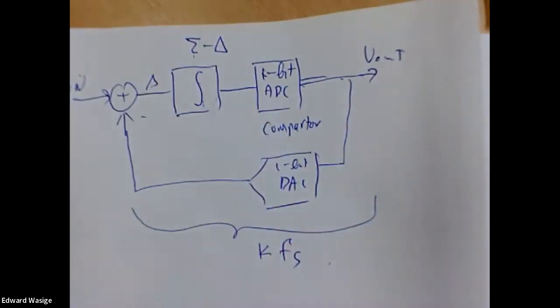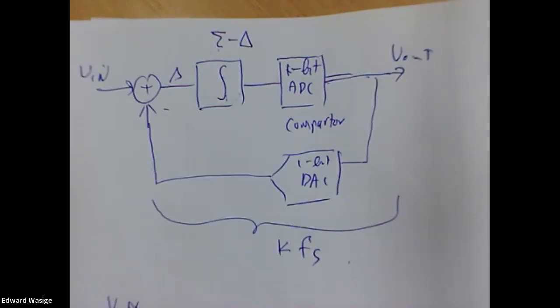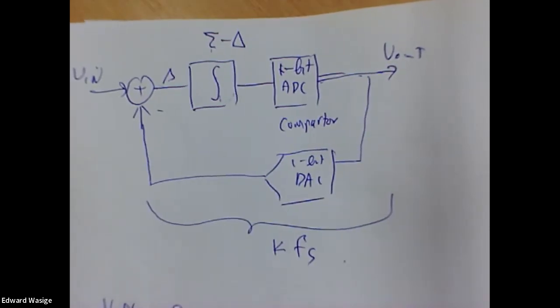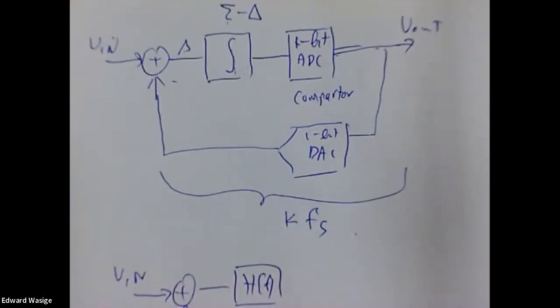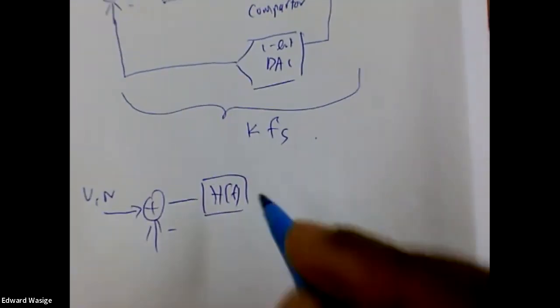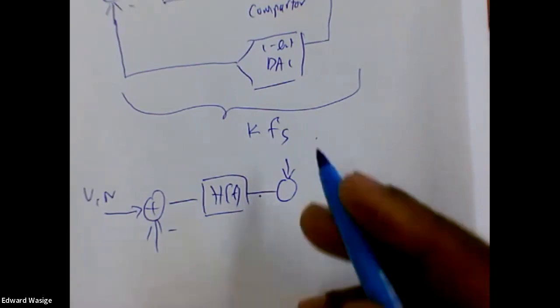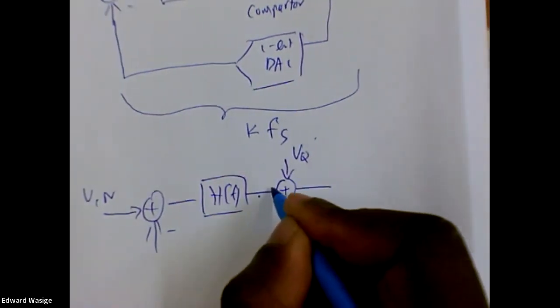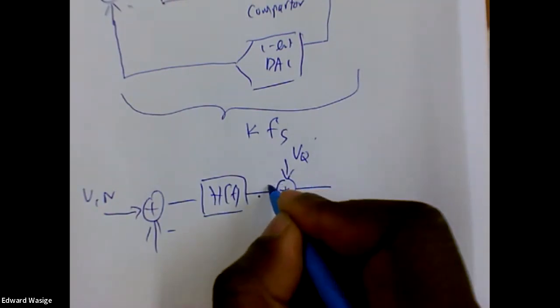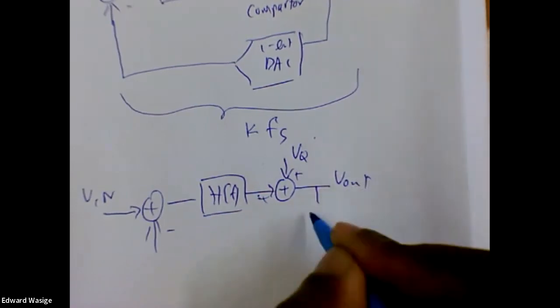If we draw a model for this, it will look like this. We'll have V in, and we'll have the integrator, and we can draw that with a transfer function, plus the ADC, because the ADC introduces quantization noise. And this is V out.